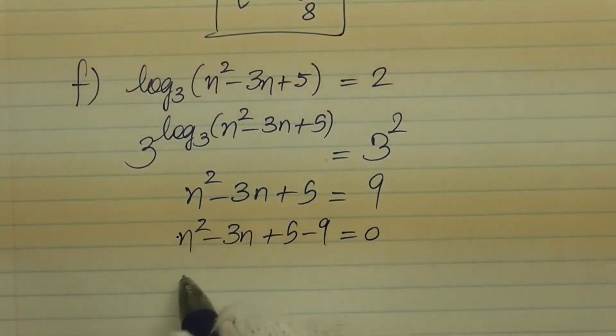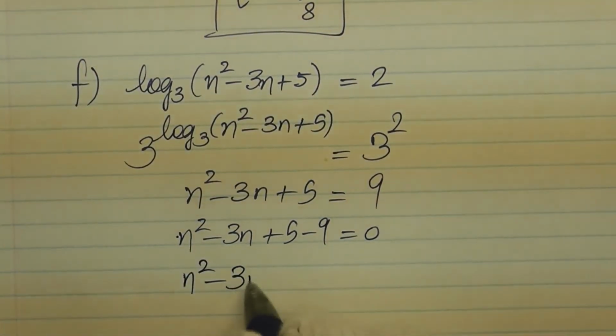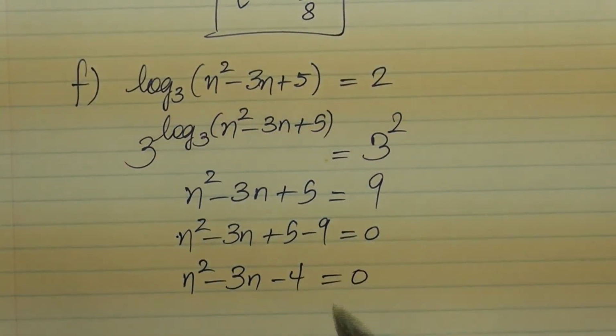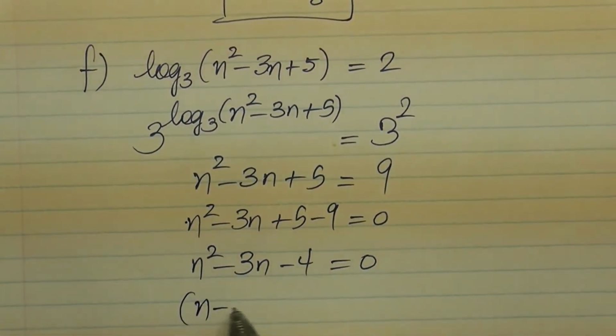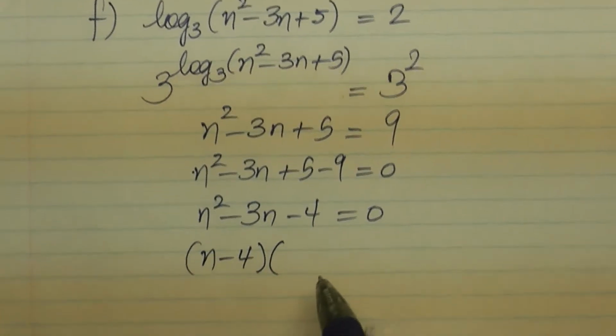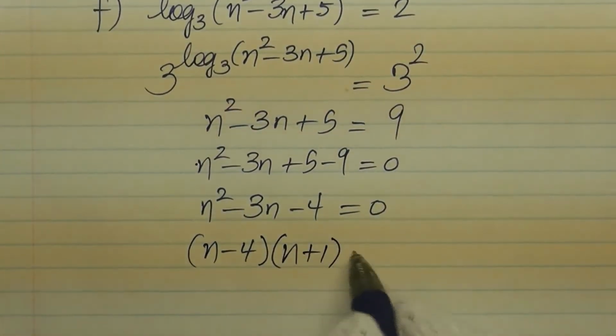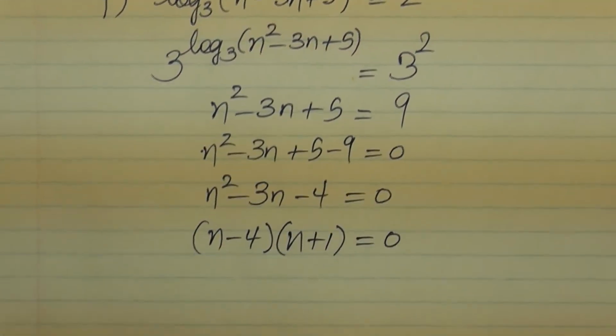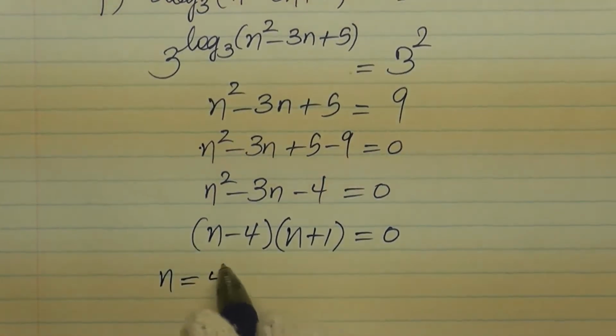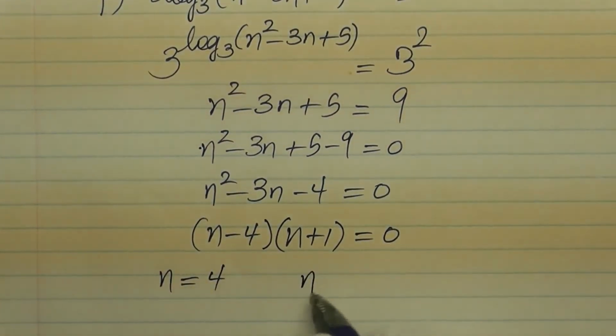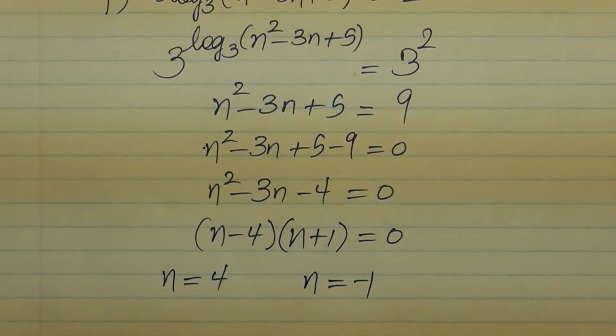This is going to give me n squared minus 3n minus 4 equals 0, which I can factor as n minus 4, n plus 1 equals 0. So n equals 4, or n equals negative 1.